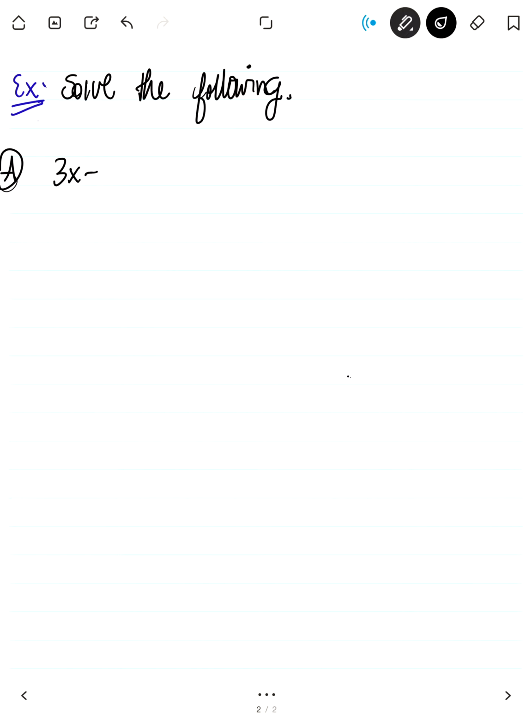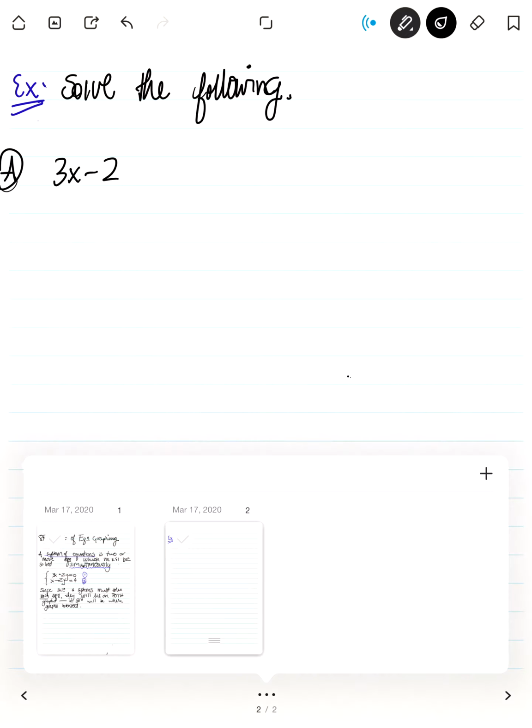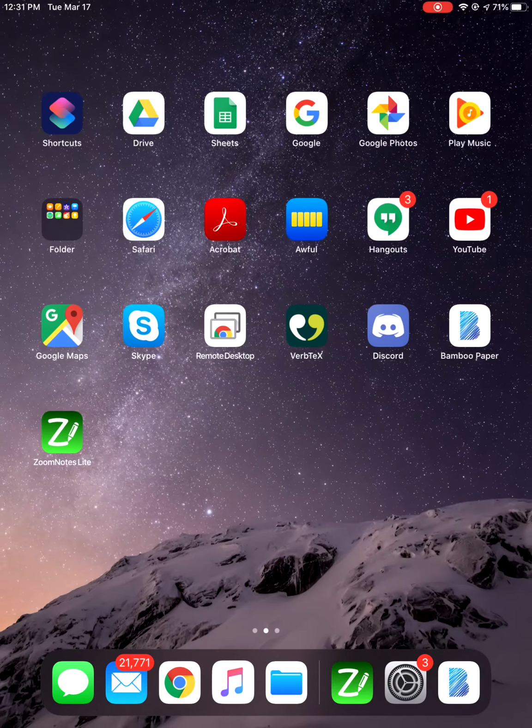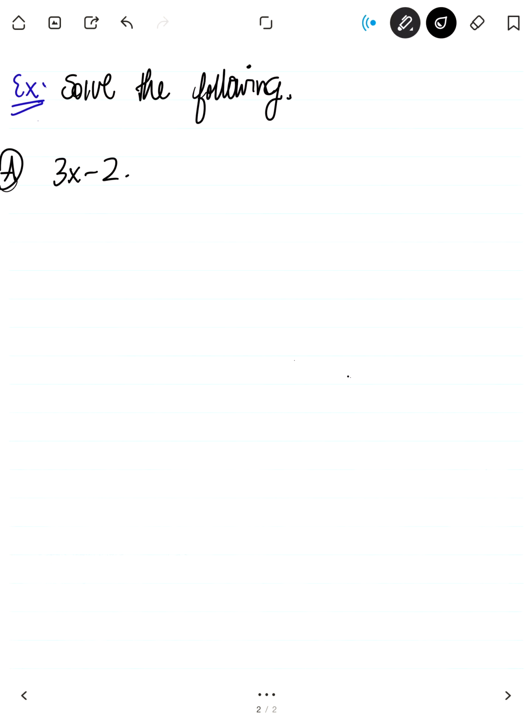A. 3x minus 2y equals 0, and x minus 2y equals 4. Okay, so this system we're going to solve by graphing.